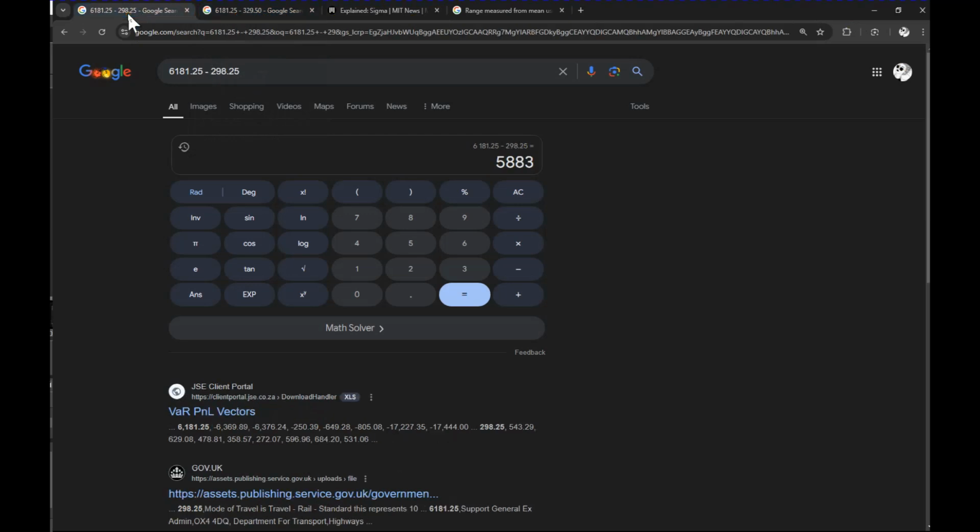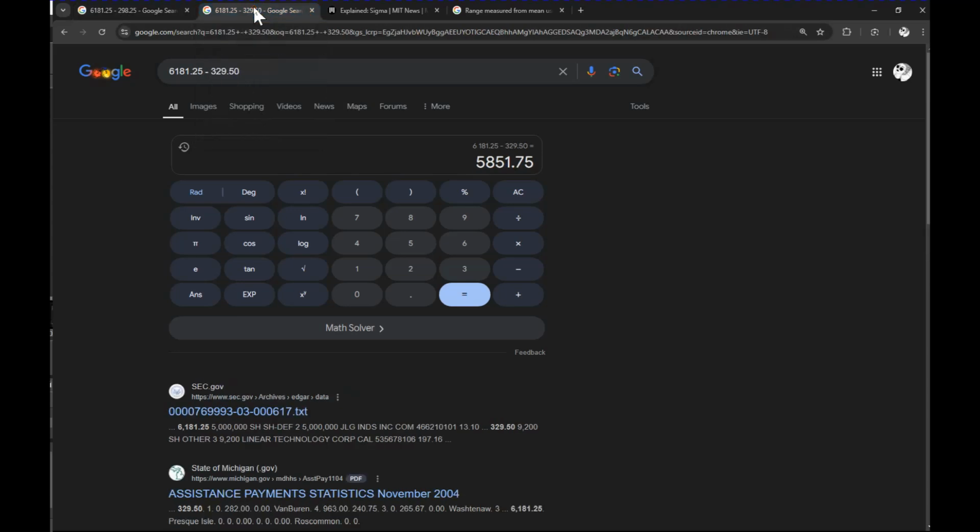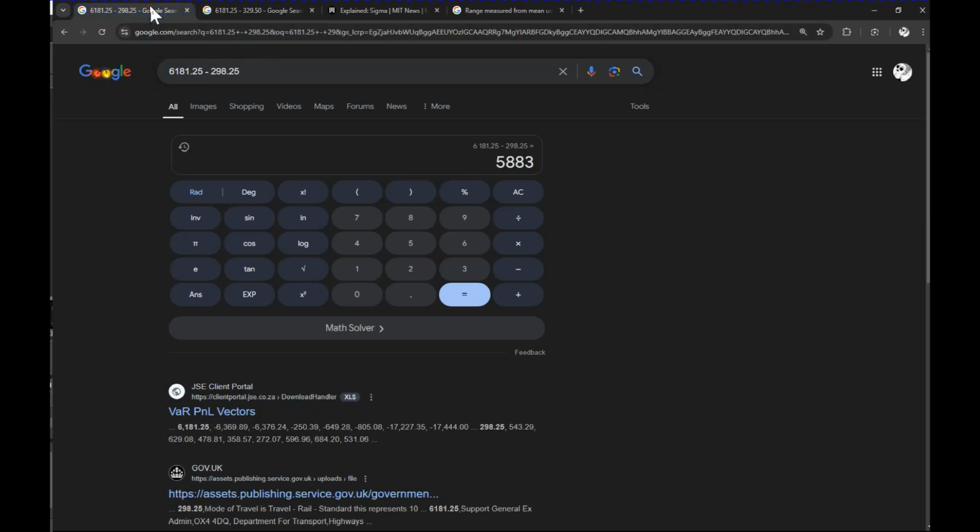So I've got two end of the month levels, 298.25 points and 58.83, which is a 58.83 strike, and 61.81 minus 329.50, which is 58.51. Let me explain this. 61.81.25 was the December high.